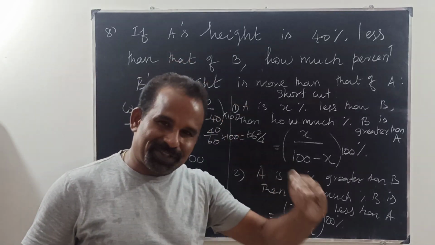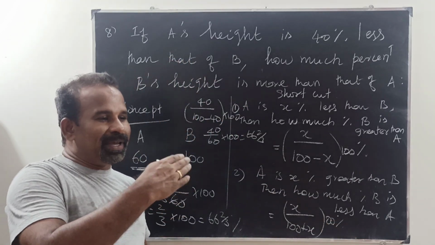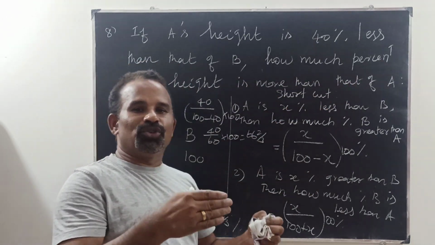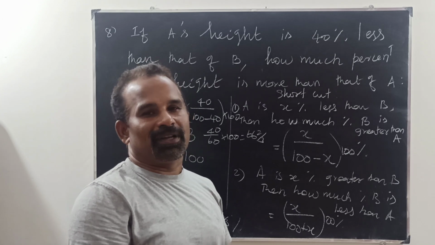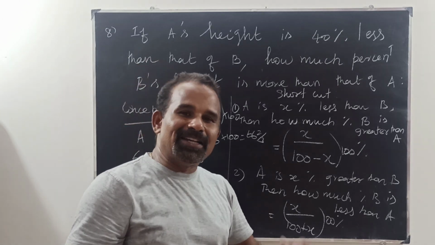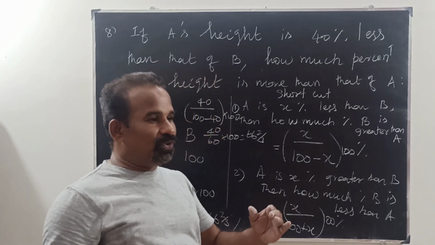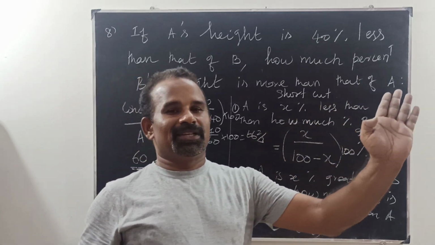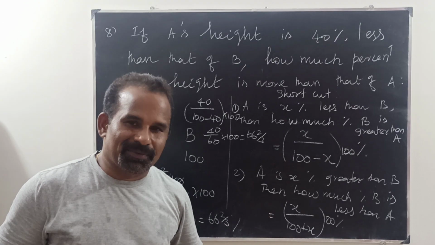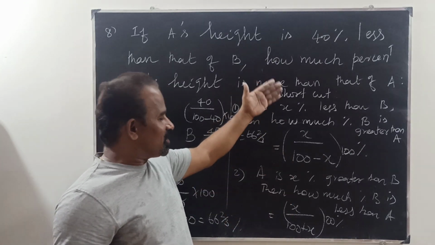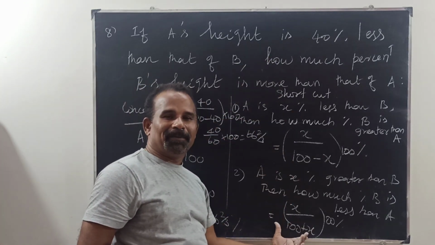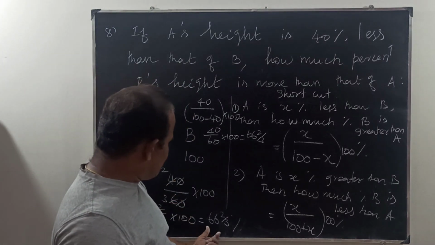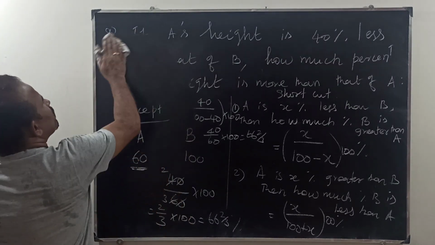The expenditure is fixed. Suppose the price of the commodity increases, automatically we should decrease the consumption. So the same concept, same formula we can apply. Understood? So in this question, answer is 66 2 by 3.